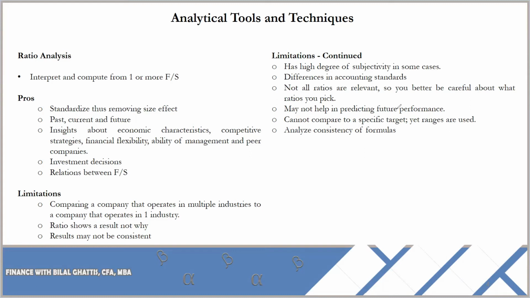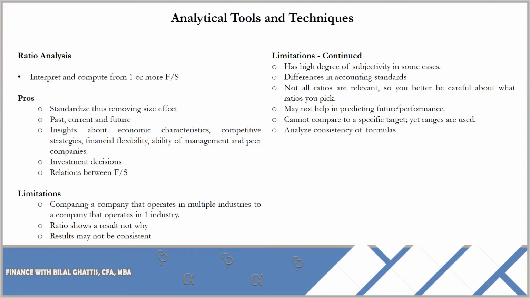For example, sometimes using a specific ratio might make sense in the banking sector, but it doesn't make sense when we're looking at pharmaceuticals. Also, ratios that make sense in the insurance industry might not make sense in the retail industry. So pay attention to that and pay attention to set what we call the KPIs, which are the key performance indicators of every industry by itself.